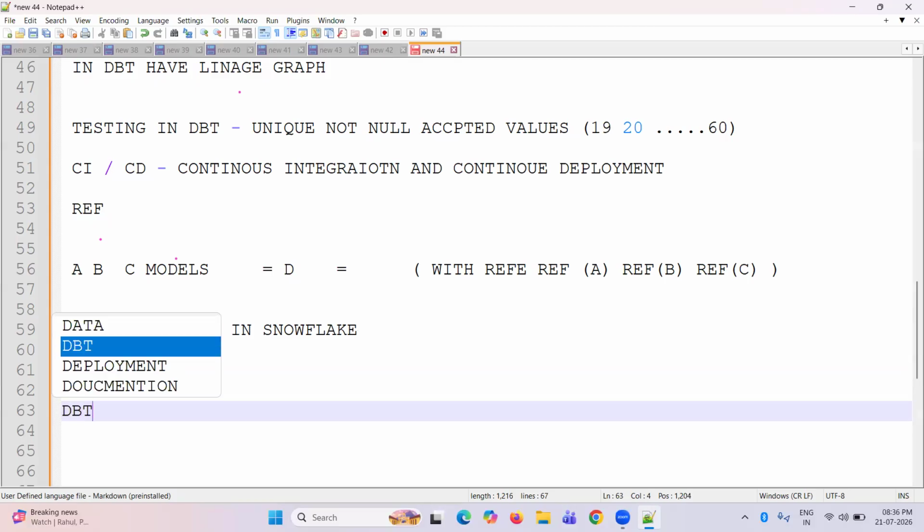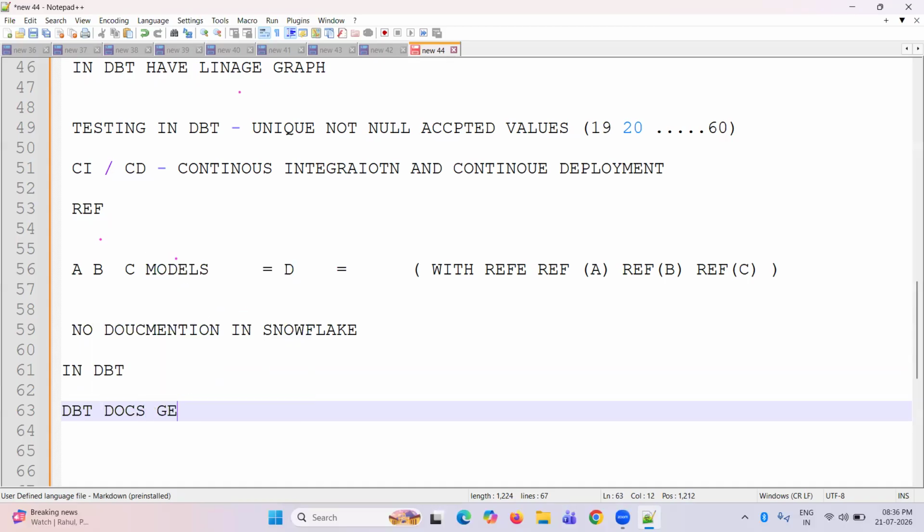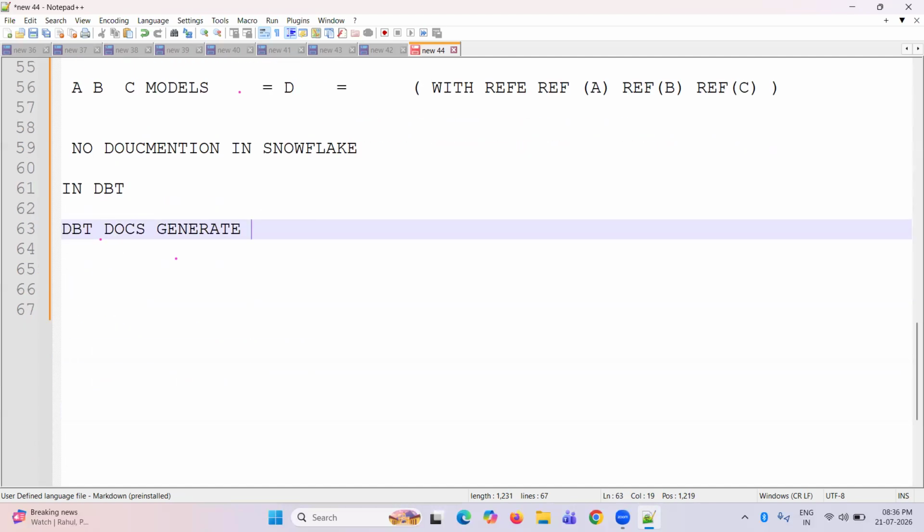But in DBT, we simply run one command, dbt docs generate. Now it will generate the file with everything we have in the complete DBT project.